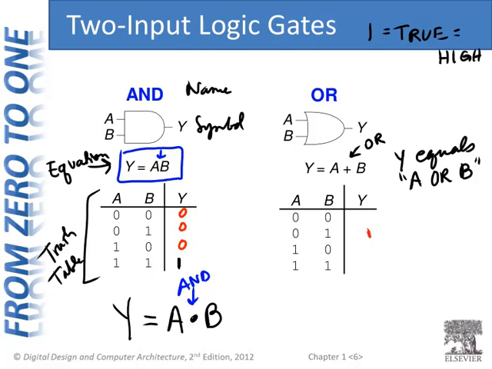So here's one of the inputs is true, B is true, B is 1. In this case, A is 1. In this case, both are true. Both you and your friend have money. Great, definitely going to the movies. So the only case it's not true is when neither of the inputs is true, or in other words, both of the inputs are 0. So the OR operation is true when any of the inputs are true.